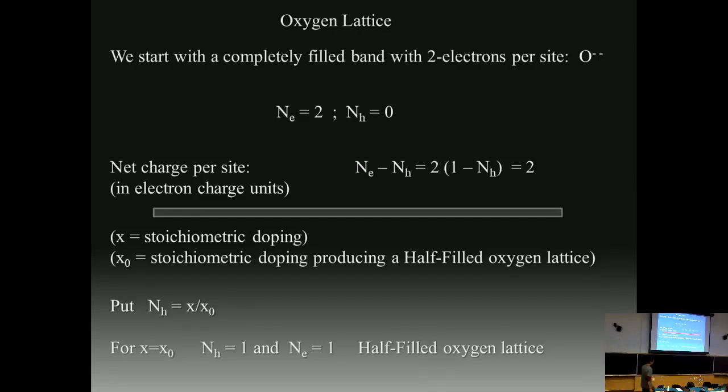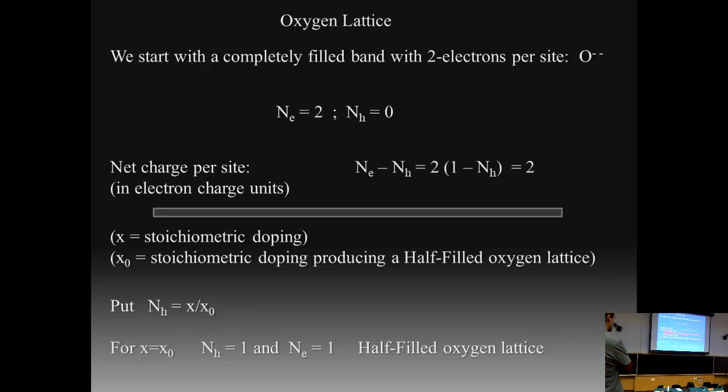Okay, the way I define this x0 is that when x equals x0, x is the stoichiometric doping. When x is equal to x0, we have one hole per site, which means half filling of the oxygen lattice. So this 0.29 is the stoichiometric doping.